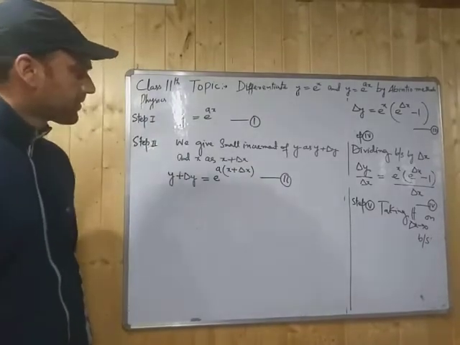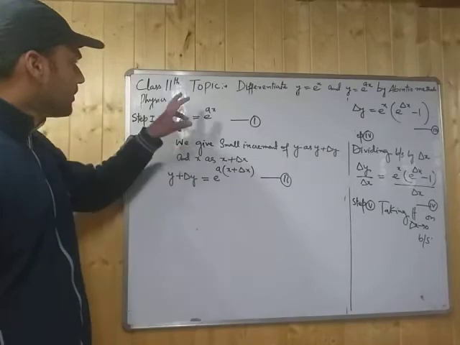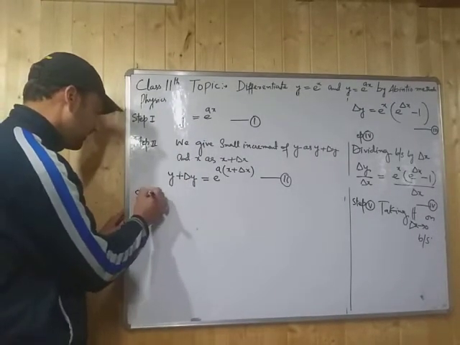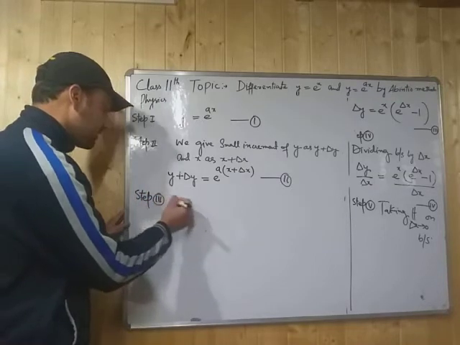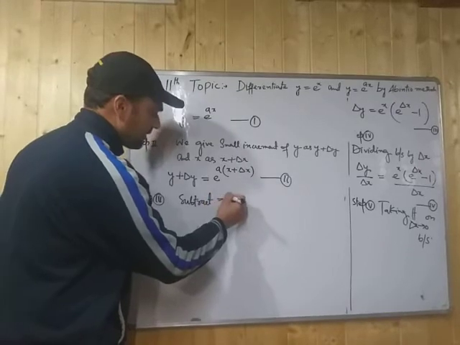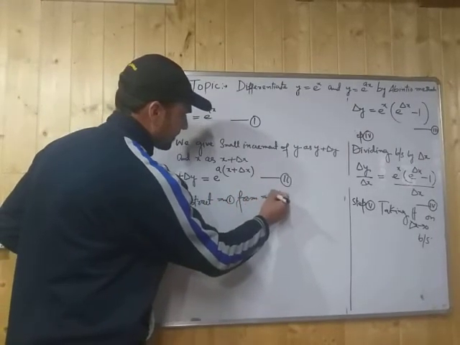Now the third step is we subtract equation first from equation second.